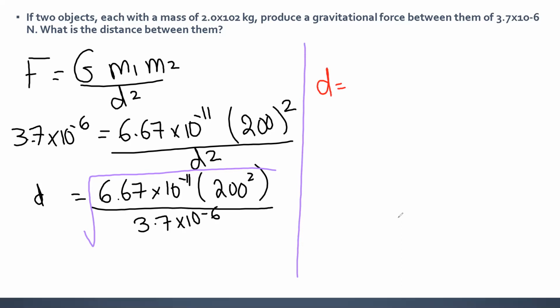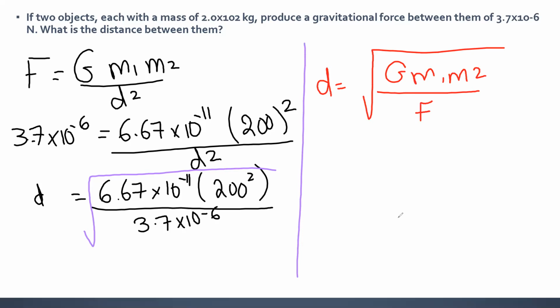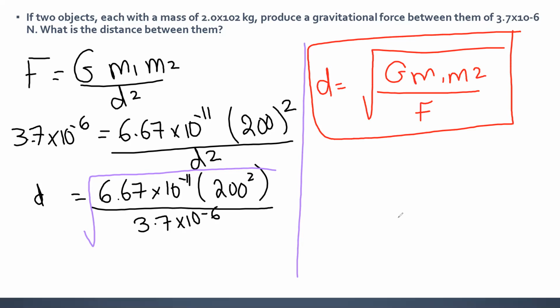While we find the answer in the calculator, we remember that d will be a square root. This is another formula to find the distance: square root of G M1 M2 over the force. Now let's find the distance.